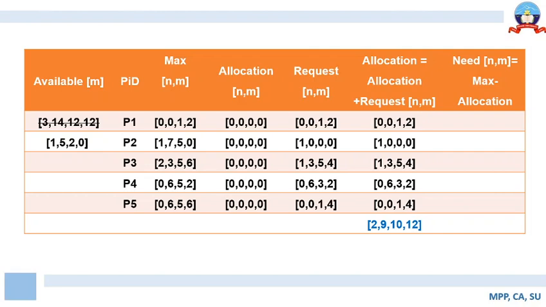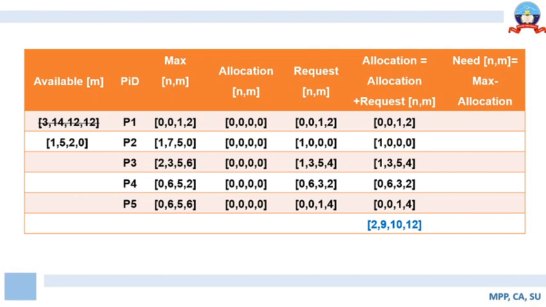Okay, so now processes P1, P2, P3, P4 and P5 have been allocated the required number of instances of resources, and eventually the total allocation is drawn as 2, 9, 10 and 12.